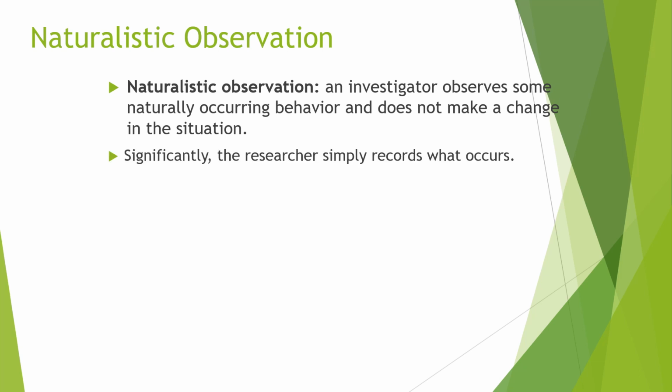So significantly, the researcher simply records what occurs. You cannot control anything about the environment. You do not want the people in that environment to know that they are being observed. Sometimes if individuals know they are being observed and know they are being watched, then they may not behave in the same way that they naturally would.